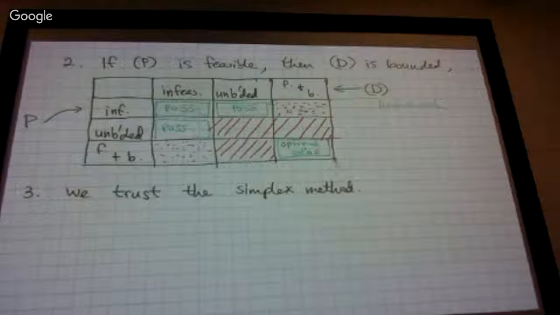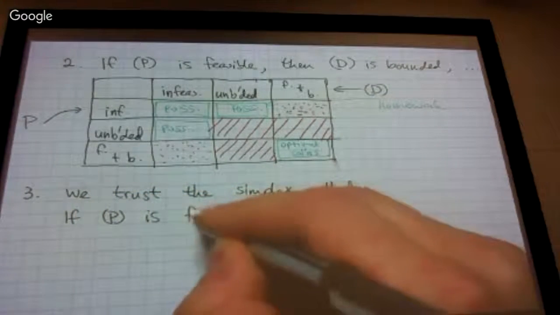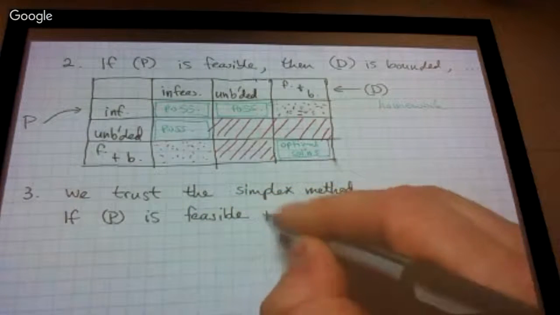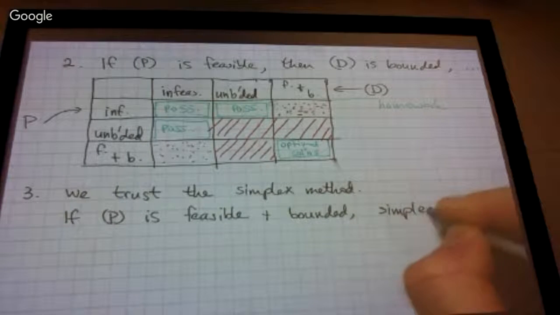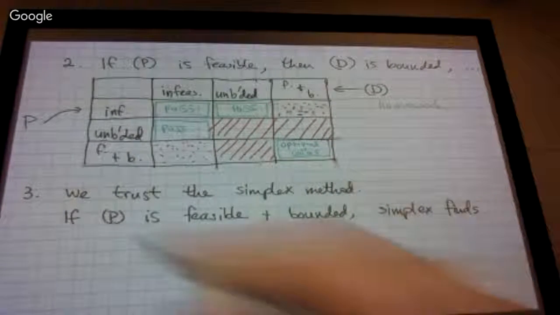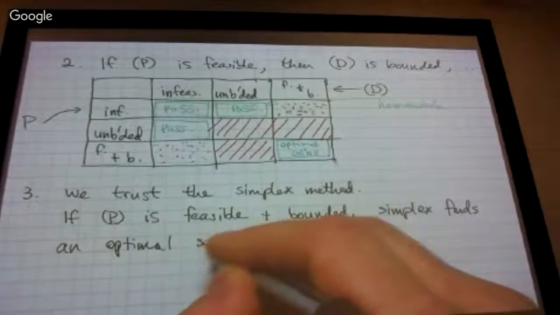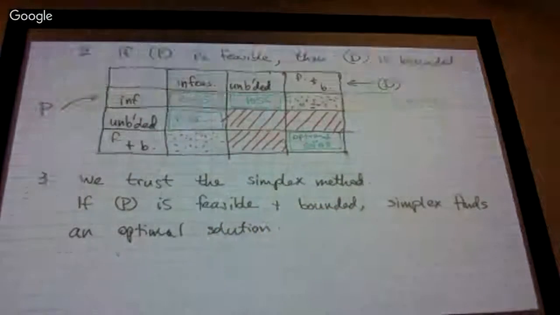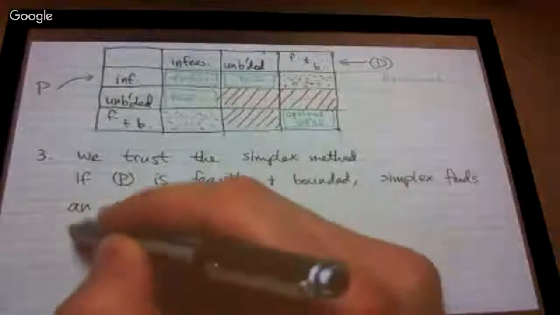And so we trust that if P is feasible and bounded, the simplex method finds an optimal solution. So what's the optimal simplex tableau going to look like?